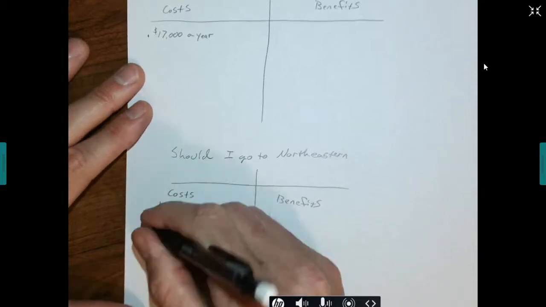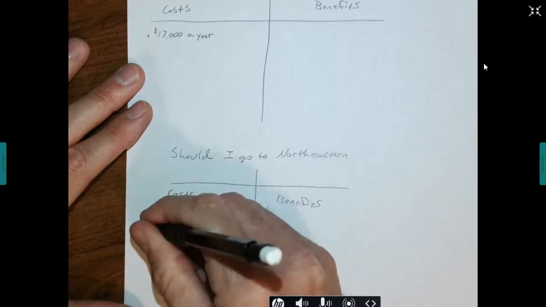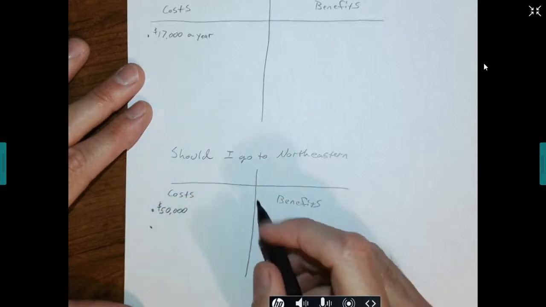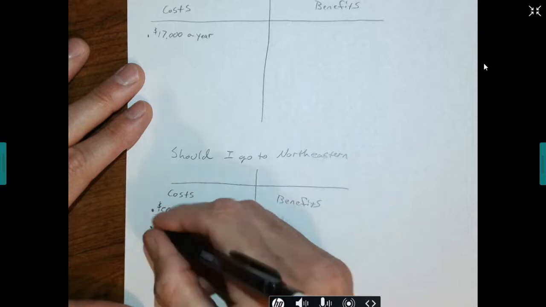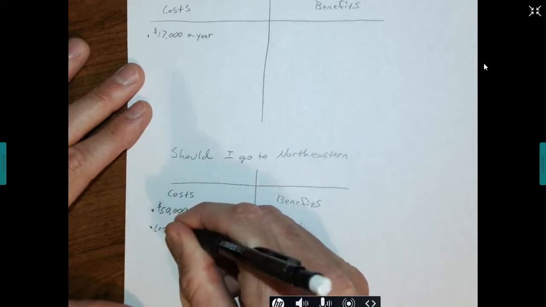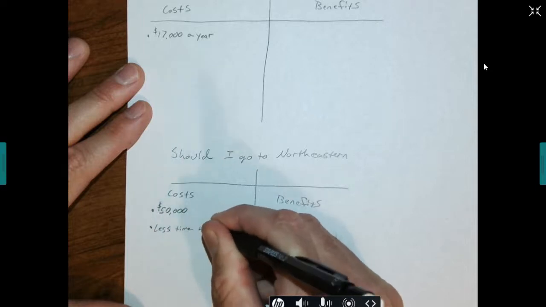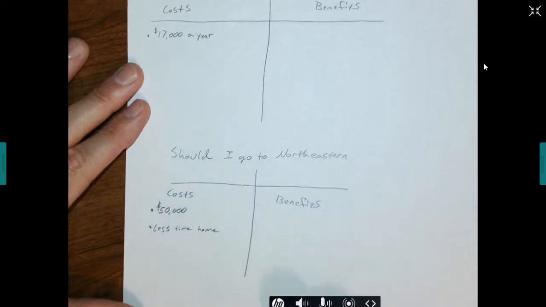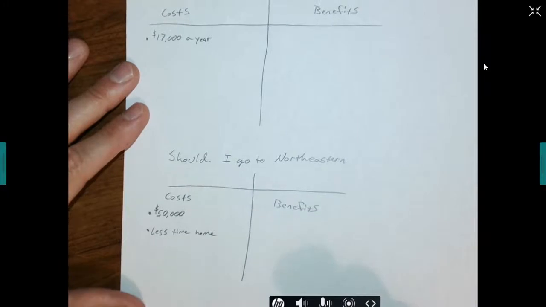So if you live in Florida and this is in Massachusetts, it could be less time at home. It could be harder to get home during your spring breaks or Thanksgiving breaks or winter breaks, stuff like that. But there are additional benefits.